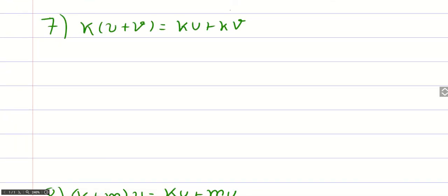Now let's keep going with the scalar product properties, axioms of vector spaces. Here k is just a real number, or a scalar.